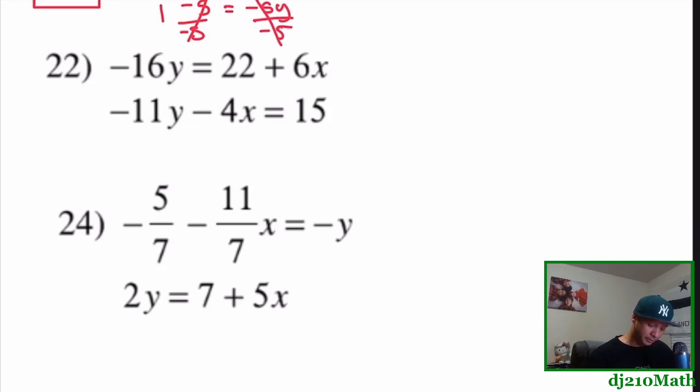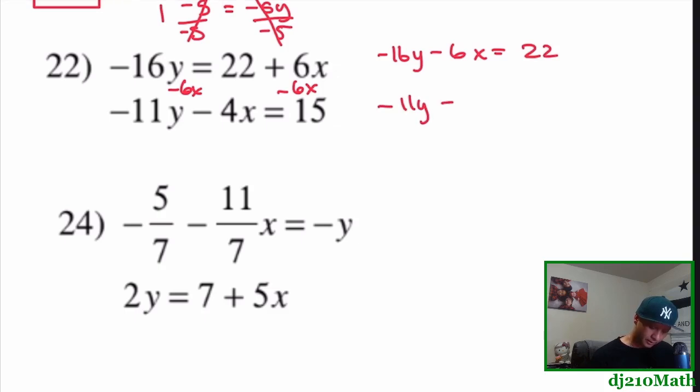So I'm going to subtract 6x from both sides. So I'm going to get negative 16y minus 6x equals 22. And then I'm going to get negative 11y minus 4x equals 15.